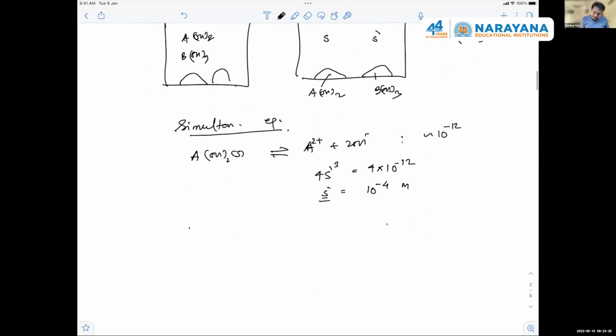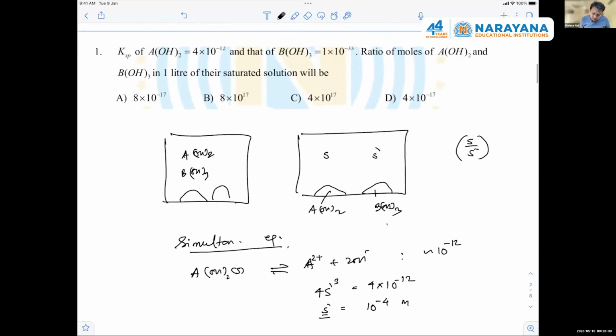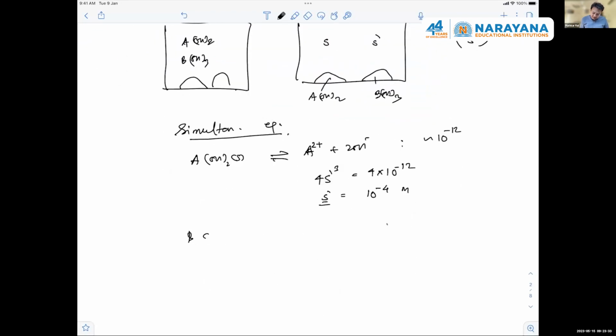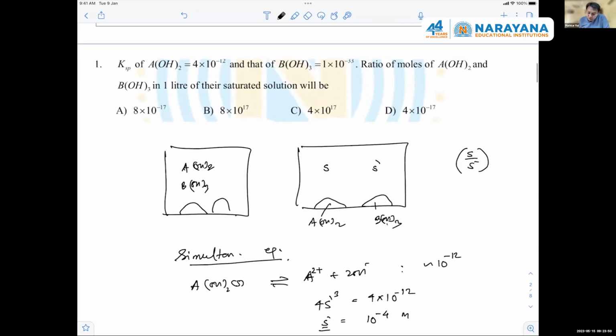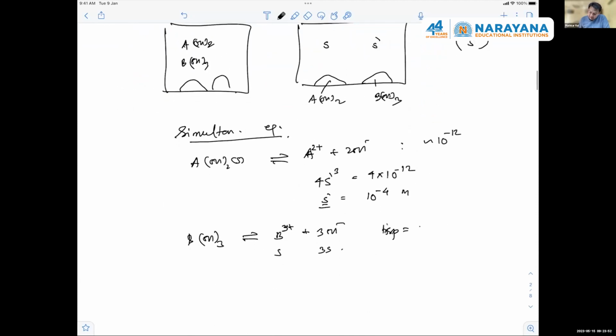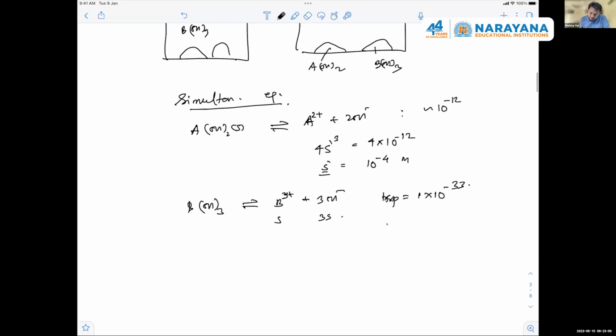And the next is B(OH)3. Very interesting thing about this is the solubility equilibrium of this. If it is S and this is 3S, and this KSP is given as 1 into 10 to the power minus 33, that is going to make this question very easy.